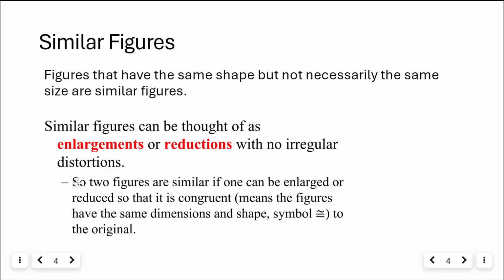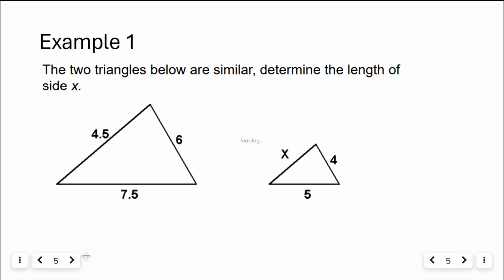Two figures are similar if one can be enlarged or reduced so that it's congruent, meaning exactly the same to the original. So if you take an original figure, blow it up, you can shrink it back down to the size it was originally, so then those two shapes would be similar to one another. That's all it means to be similar.